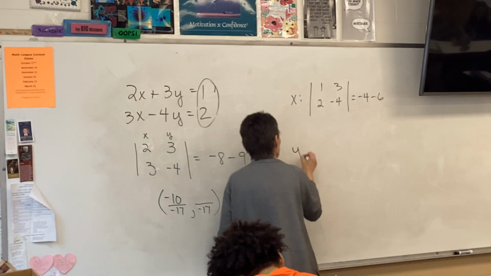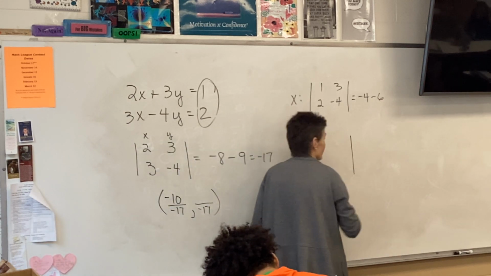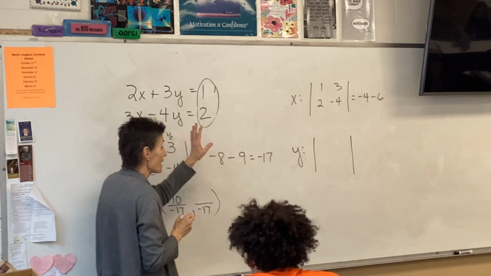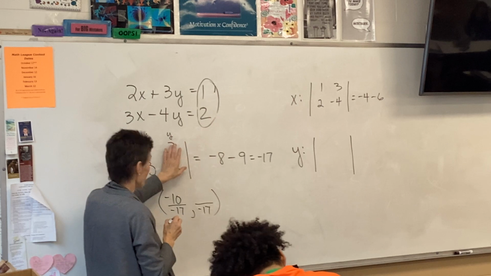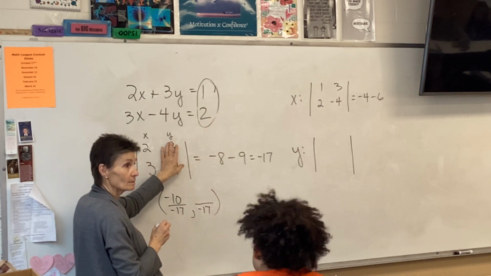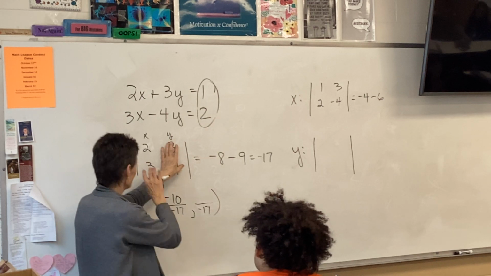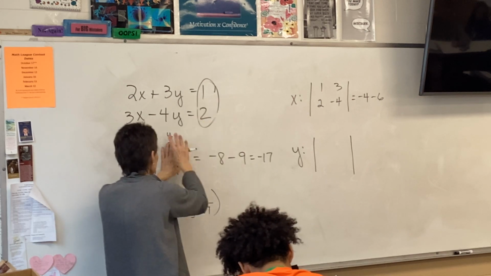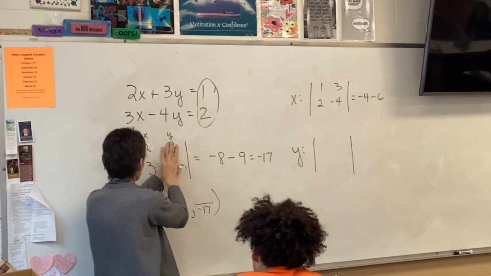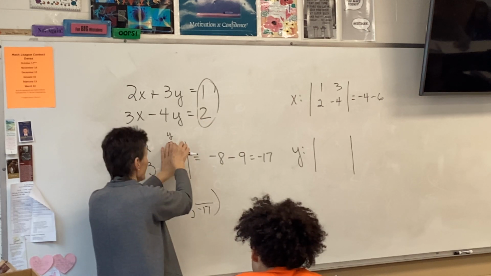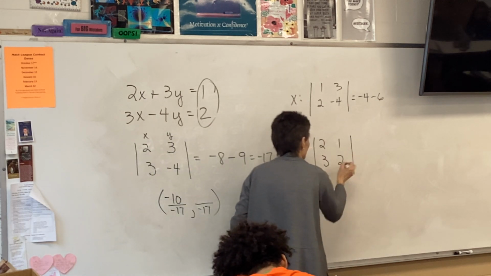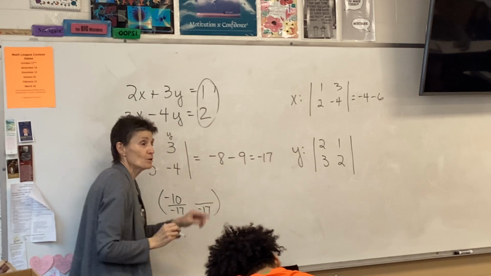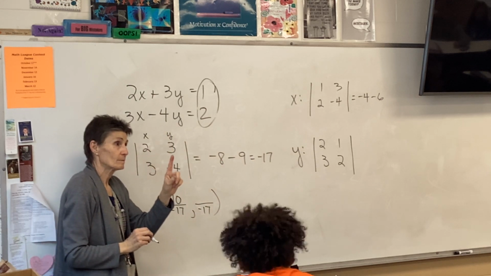How do you think I get my y? Same thing, but now I'm gonna cut these out and paste them here. Now, look what that looks like. 1, 2, right here. So I have 2, 3, and then 1, 2. You gotta get them in the right spot.